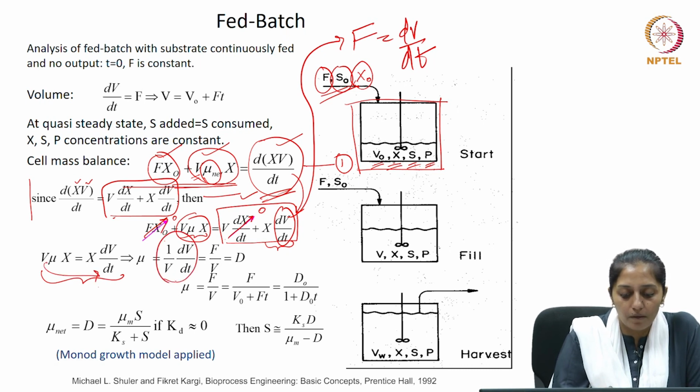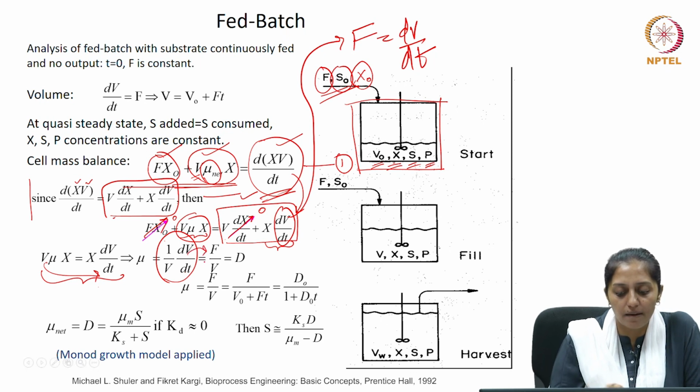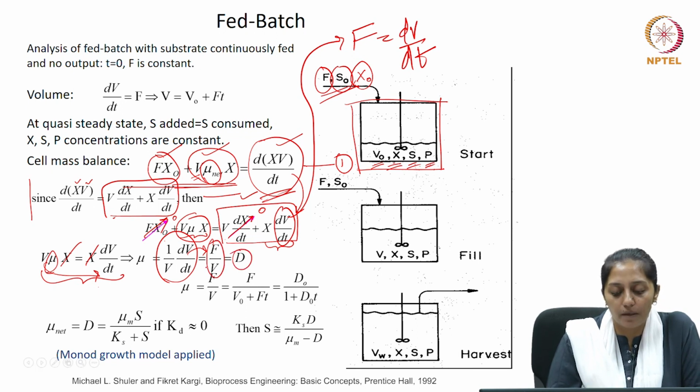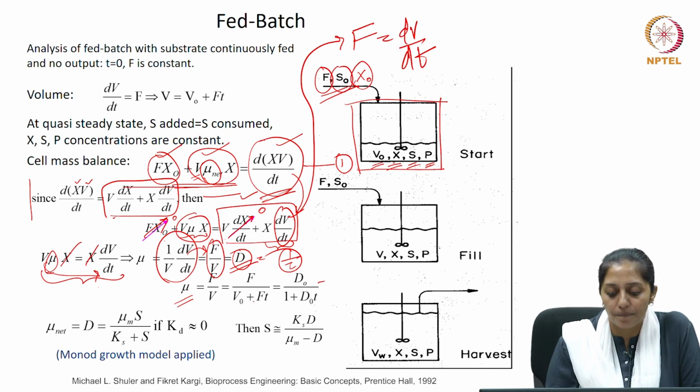So it becomes 1 by V dV by dt, dV by dt has been substituted as F. So it becomes F by V equals mu, and X gets cancelled. So F by V is nothing but the dilution rate inside the reactor, which is an inverse of the residence time. Mu becomes equal to D, which is the dilution rate.